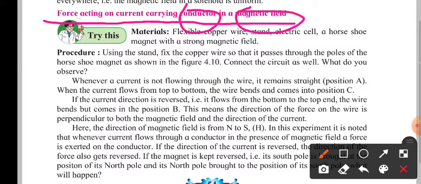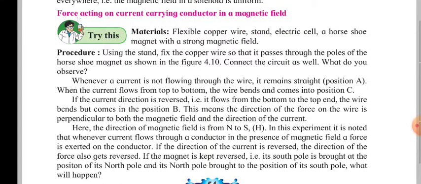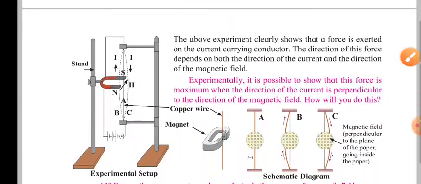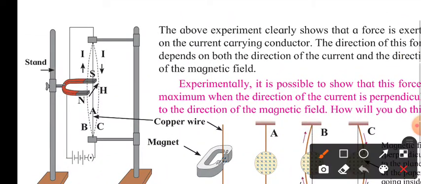Always keep in mind that when we discuss the force acting on a current carrying conductor in a magnetic field, two magnetic fields will be there. How? Let's see in this picture. Here is this permanent magnet, which has its own magnetic field, and the current carrying conductor, this wire.